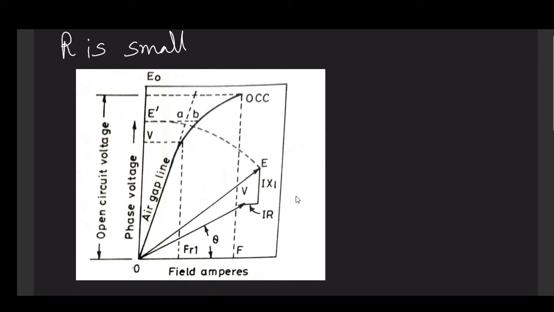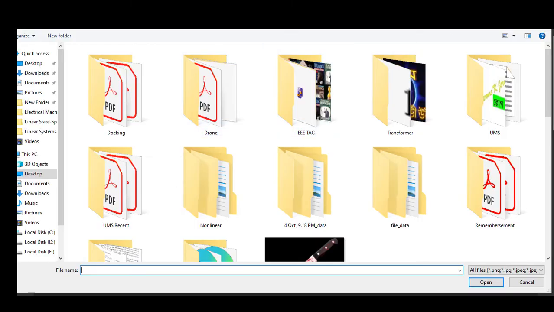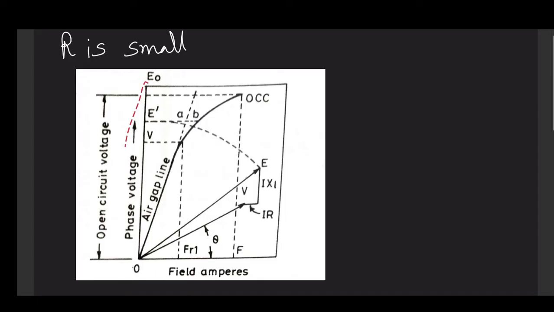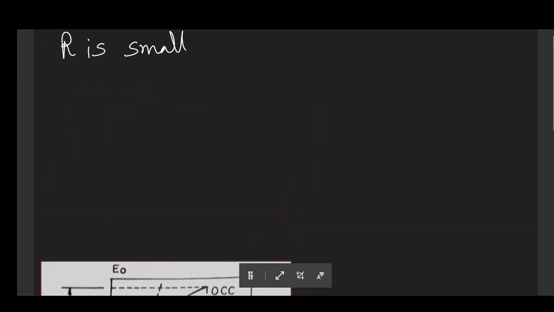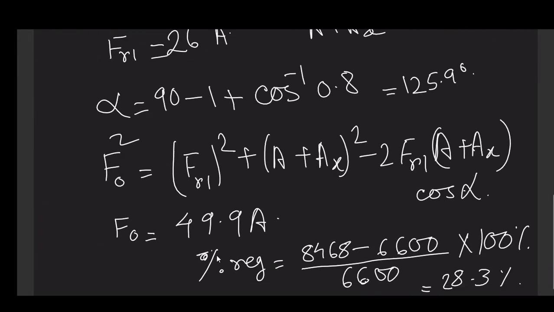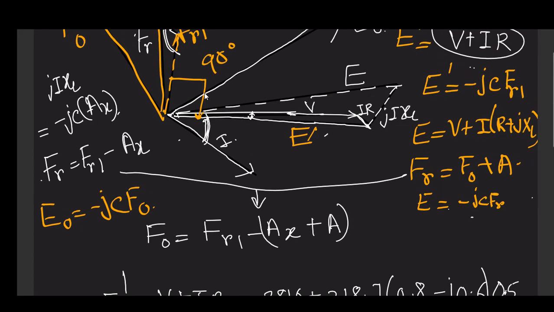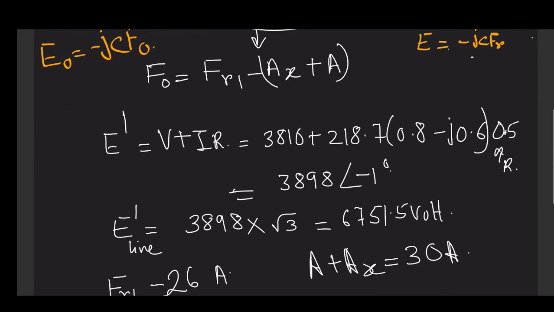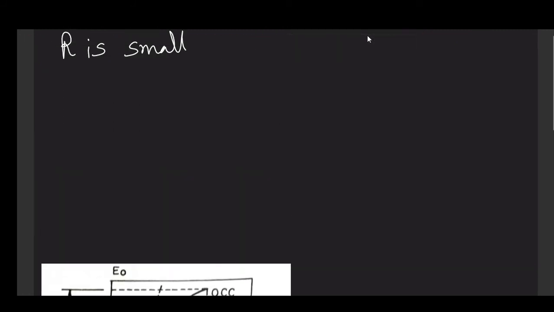So if R is small, then what we can do here is that this 1 degree is due to R. So we can drop this 1 degree. And what we can have here is that if R is small, then the angle alpha will become 90 plus theta, right?